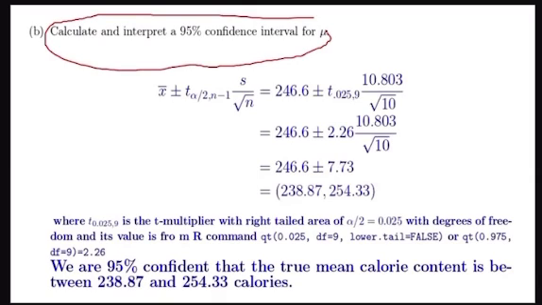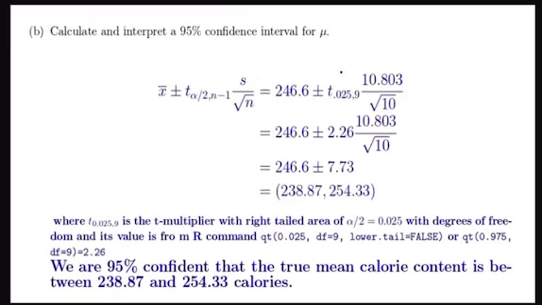Now, if I want to construct a 95% confidence for mu, this is my formula. All I'm just going to do is plug in the sample mean, the sample standard deviation, the sample size, but I need you to pay attention to something here. We want to get a t-score.